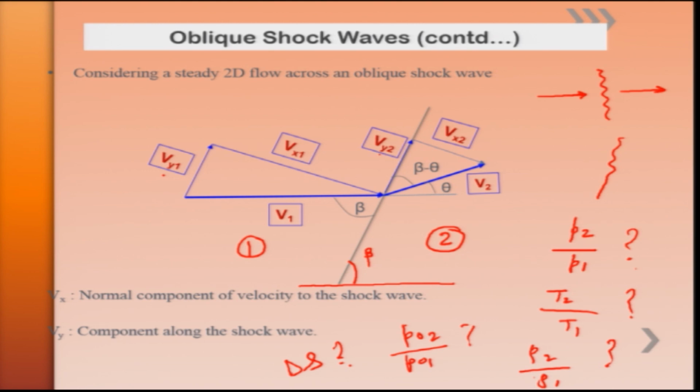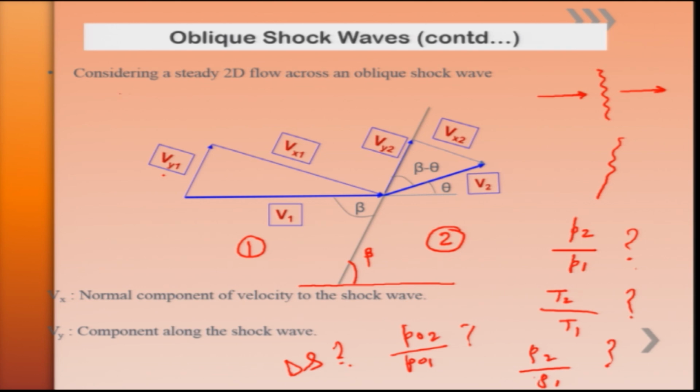Therefore the only change experienced is in the normal component of the velocity across the oblique shock wave, that is Vx1. You can see schematically as well that the magnitude of Vx1 decreases to Vx2, a smaller magnitude.